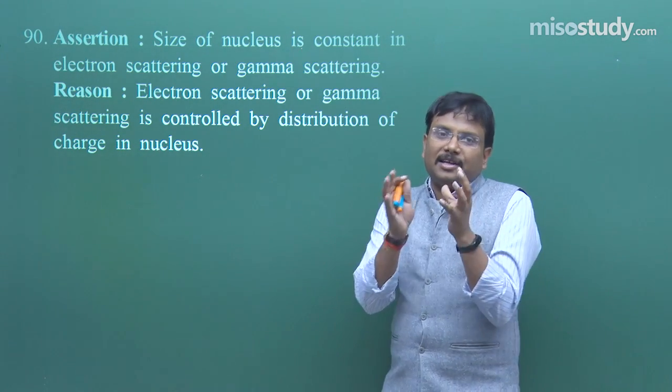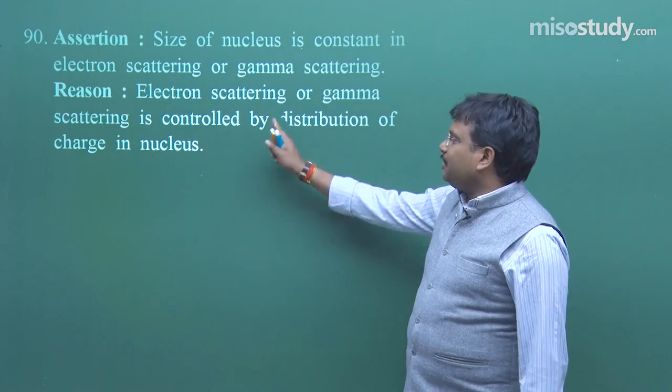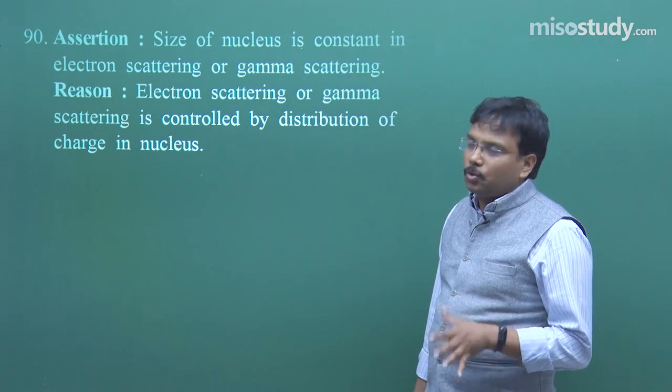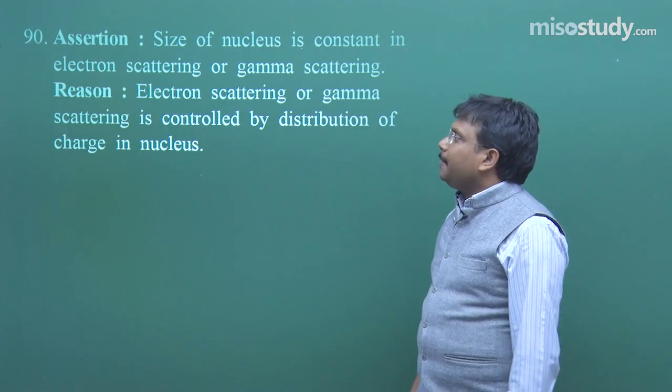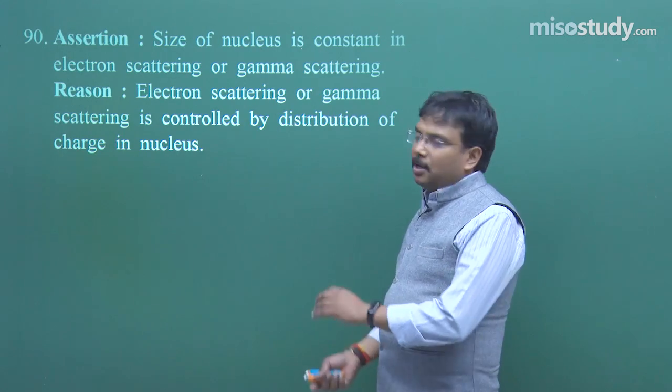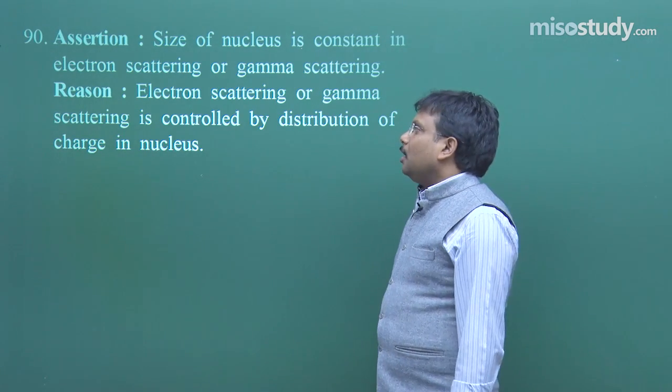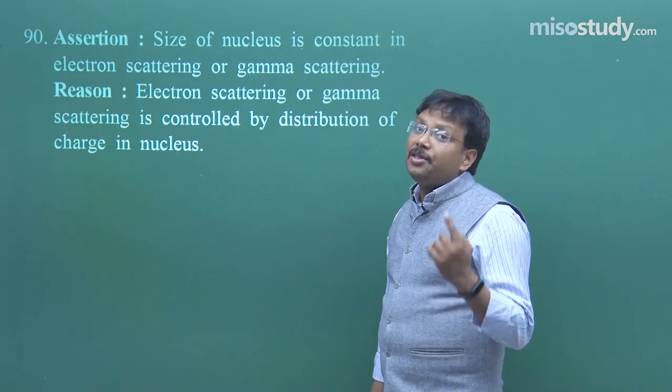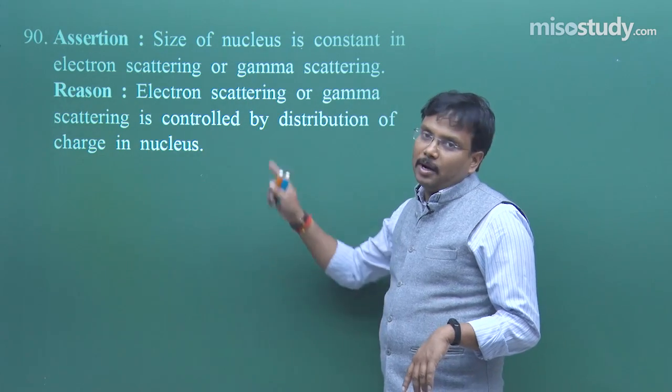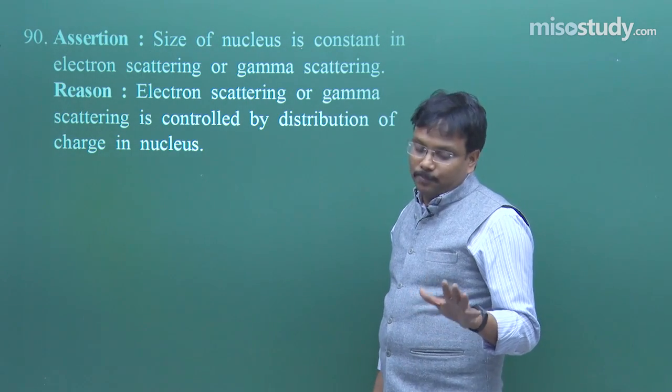So, all in all this entire entity is balanced. So, this statement is not true, but this one is true. So, simply you can say that in this particular question number 90, your option C is correct, that is first statement is true and this statement is not true. Fine.